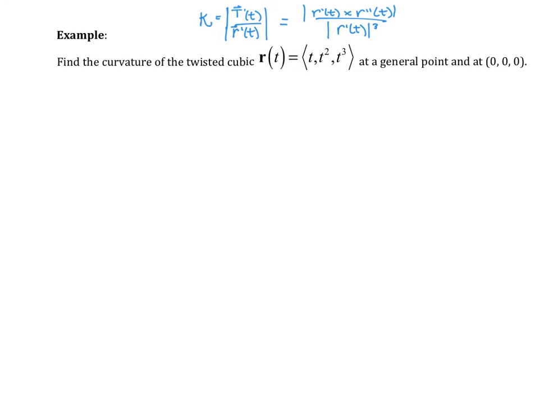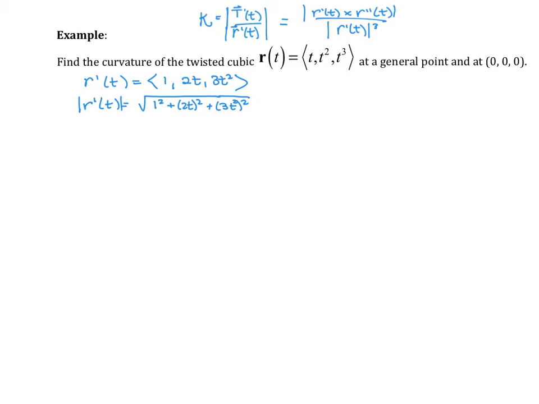We're going to attempt to find the unit tangent vector and then take the derivative of that. And if we go and find the unit tangent vector, first thing we need is r prime. So r prime of t would be derivative of each of those components. We would have 1, 2t, and 3t squared. And then if I find the magnitude of that, so the magnitude of this r prime of t equals the square root of 1 squared plus 2t squared plus 3t squared squared.